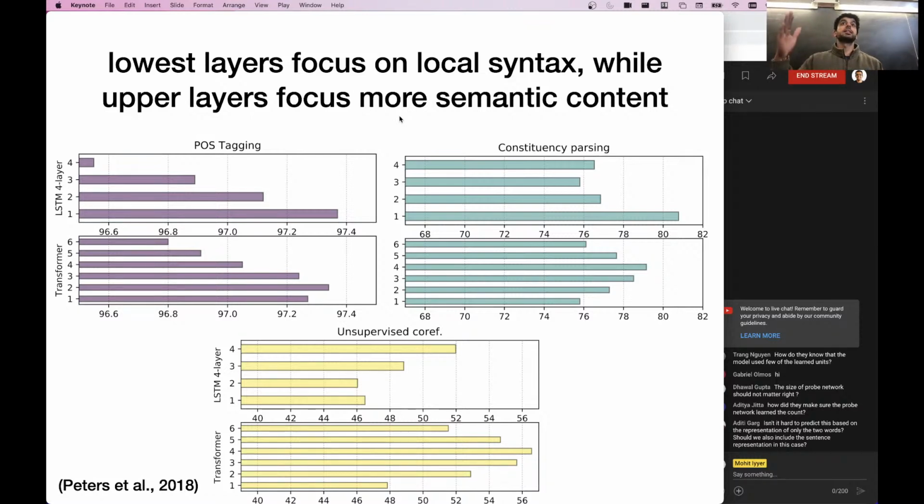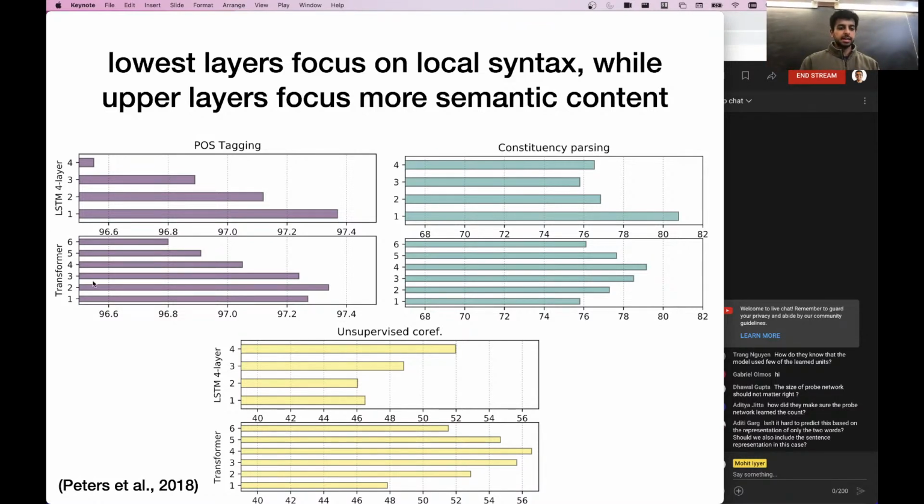The upper layers, on the other hand, focus more on the semantics of the sentence. When you're predicting the next word, both syntax and semantics are very useful, right? You might want to know, for instance, that you're predicting a noun next, but you also might want to know what kind of noun. And so both of those have to be present in the input.